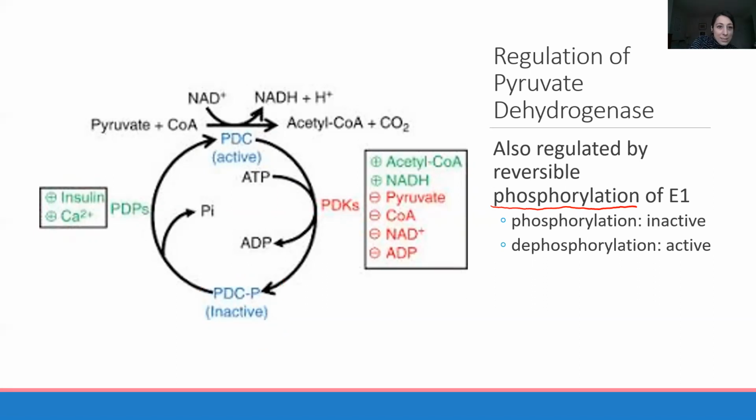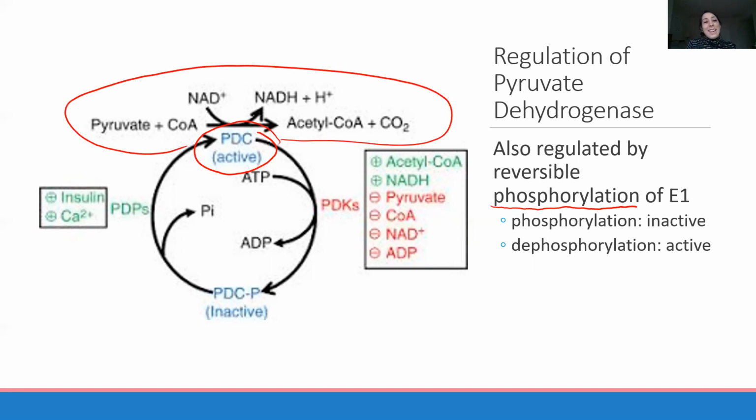So here is our pyruvate dehydrogenase complex. Here's all the stuff it's doing, right? It's on, it doesn't have a phosphate, but let's say we want to turn it off. Well, what is something that phosphorylates enzymes? The name for an enzyme that adds on a phosphate is called a kinase.